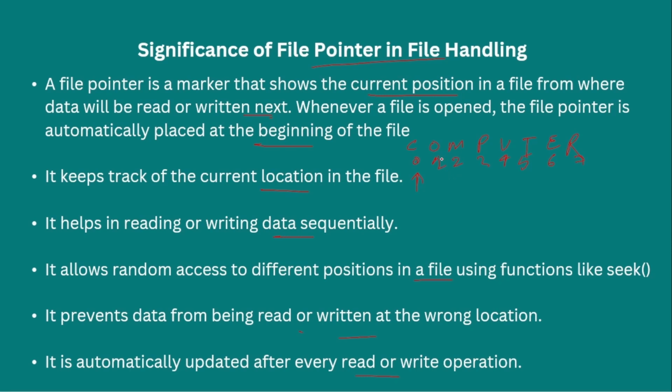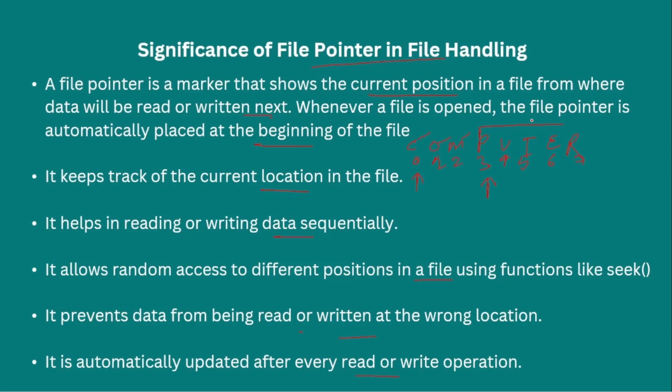Now if we read the first 3 characters, our file pointer will move to the position after them, and if we read next, it will read from there, from P, and it will read the entire rest of the part. So this is how the file pointer works.